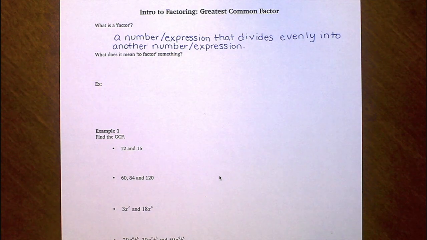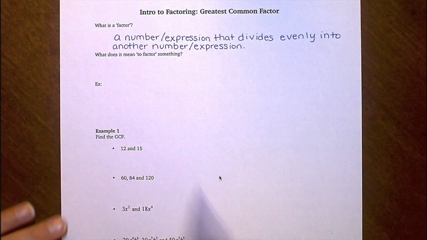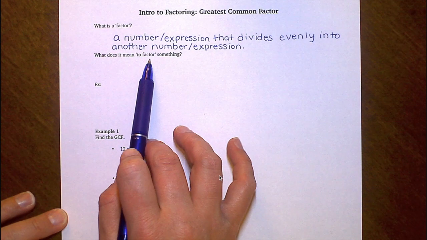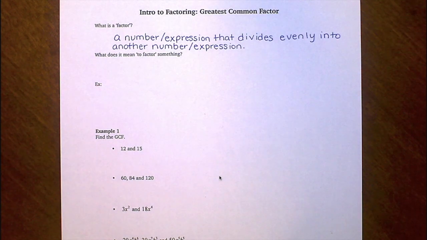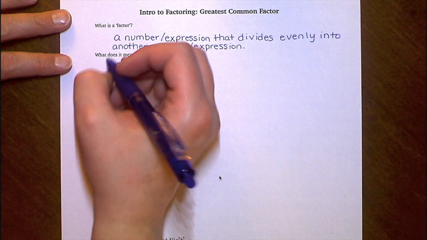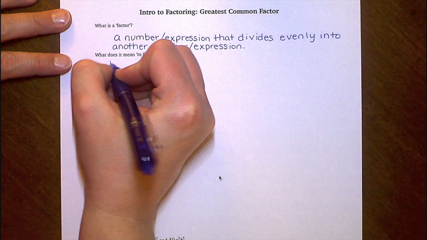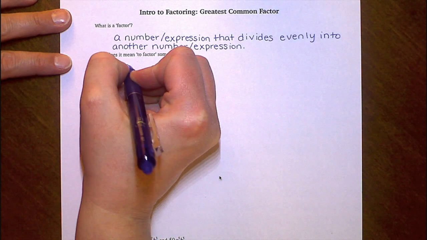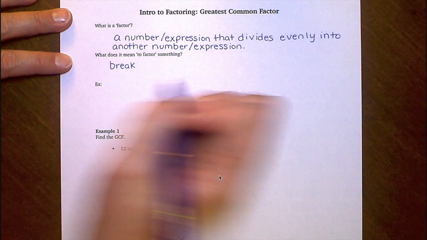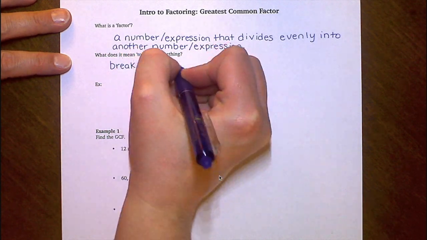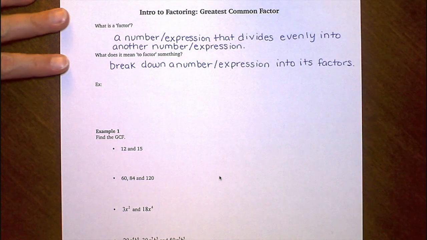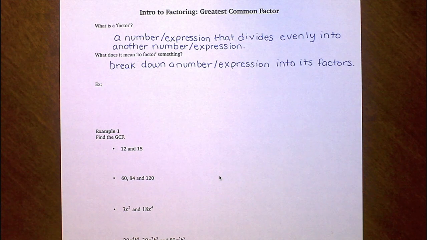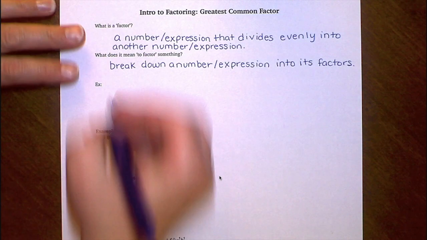So what we're going to start talking about is what it means to factor something, like a verb. Like I'm saying, we're going to do this to something else. So when I say to factor, I mean to break something down into two factors. In other words, another way to say that would be you're going to take something and write it as a multiplication problem.